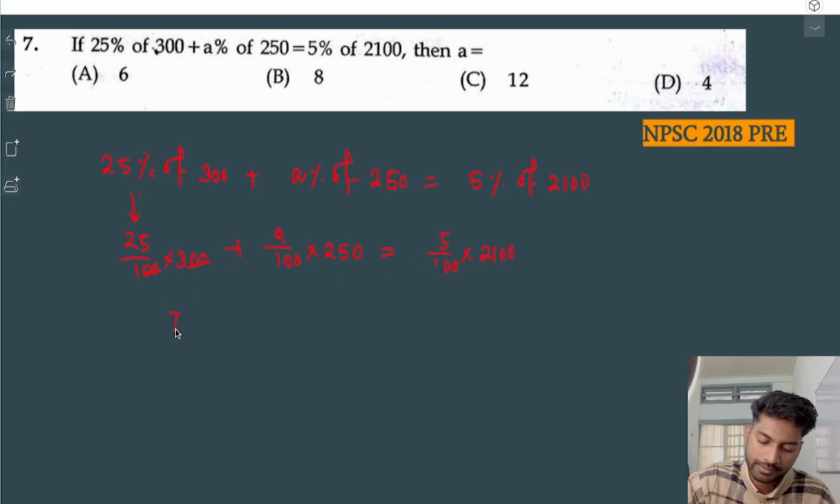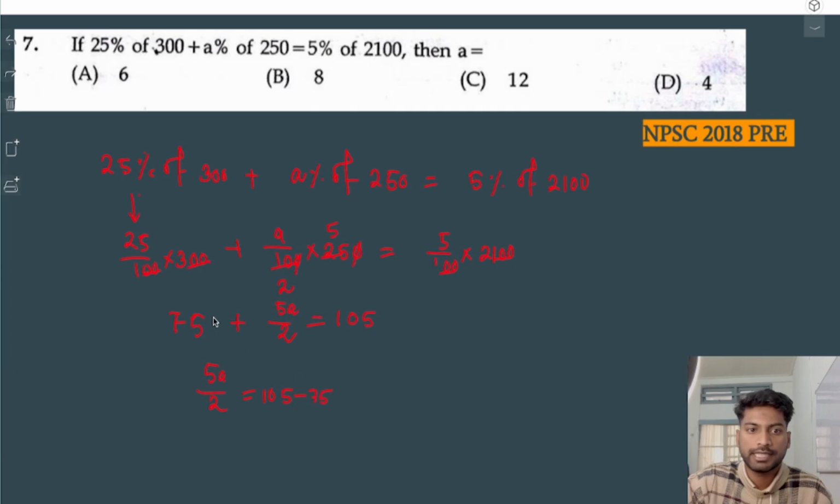This is 75 plus 5a by 2 equals 5 into 21, that is 105. So here I can write 5a by 2 equals 105 minus 75.